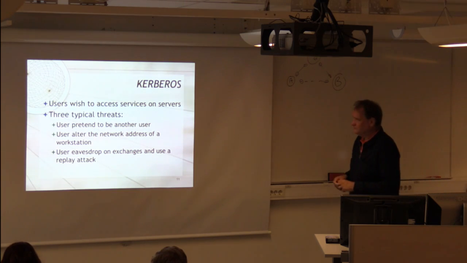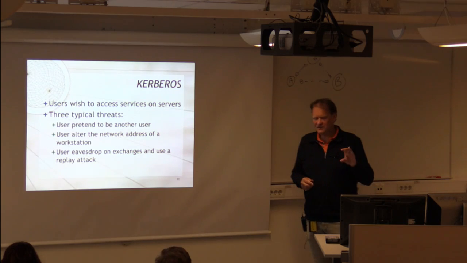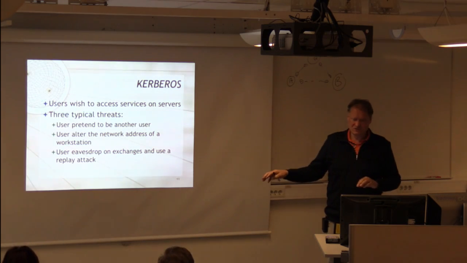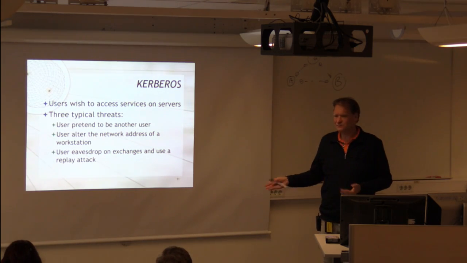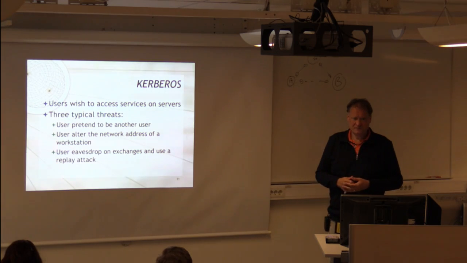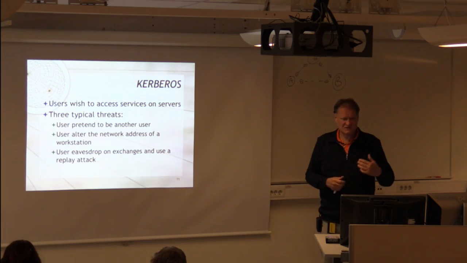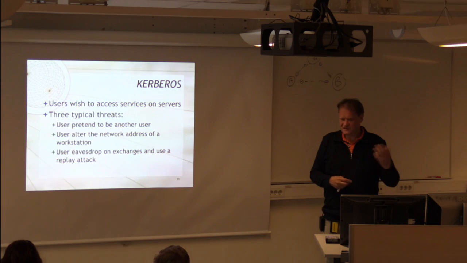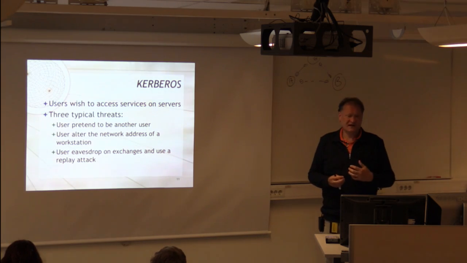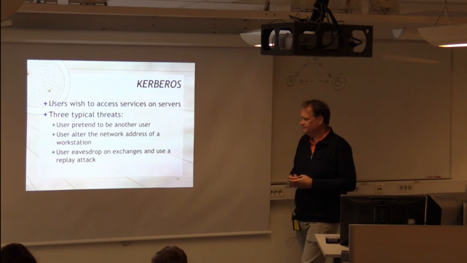So, we have a user somewhere at a workstation that would like to use a service. Could be an email server, print server, file server, whatever. What we need to do now is to authenticate and prove, yes, I am that user, I can use that service, and also check that we have the access right, that we have the correct type of use for it. And that's what Kerberos can do.